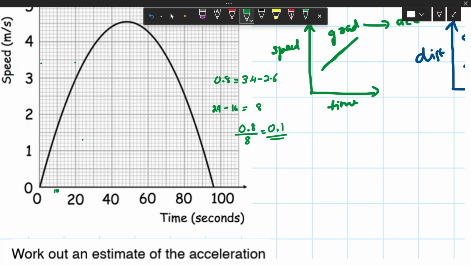Now for this, we're going to bring in something called the trapezium rule or the trapezium technique. When I look at this, I can see I can make nice little strips of 20 each. I could have done 10, but that's too much work. You know I'm lazy. It says estimate, so I think I'll be fine.